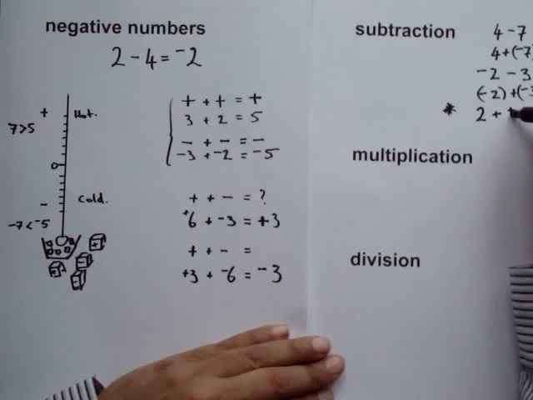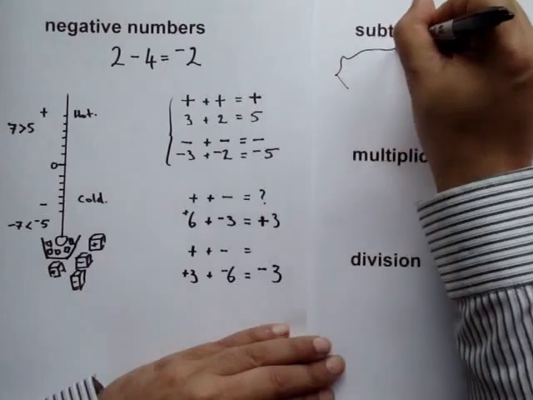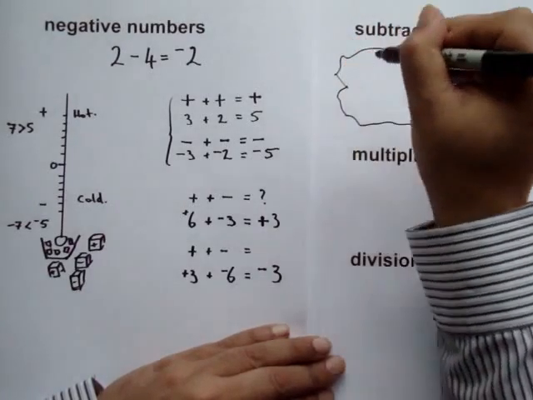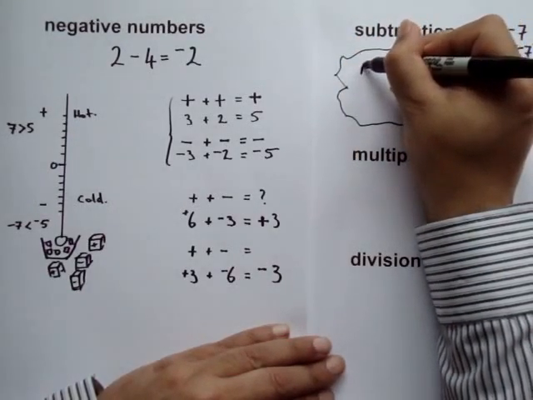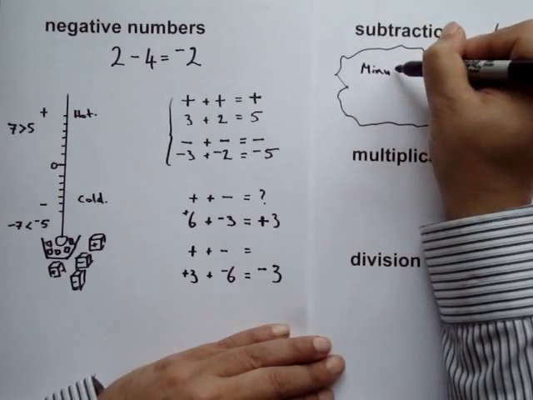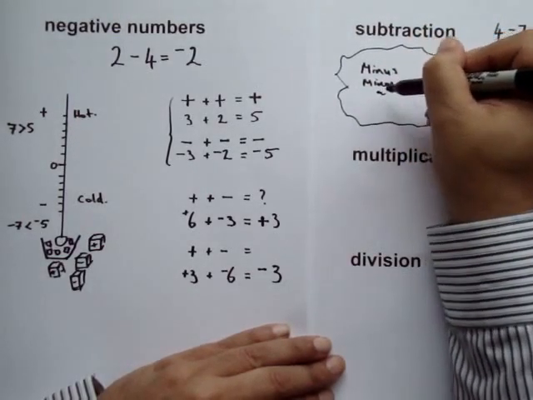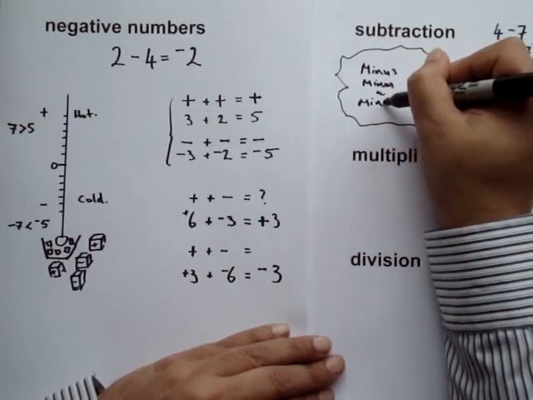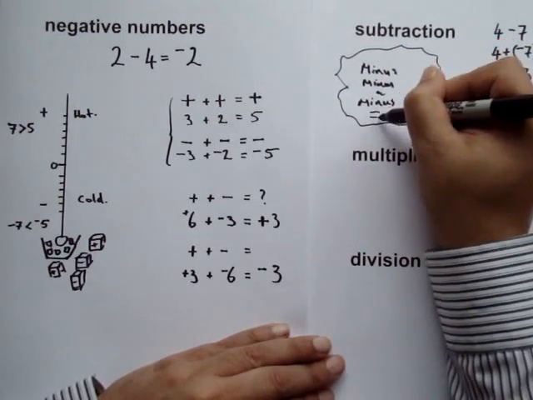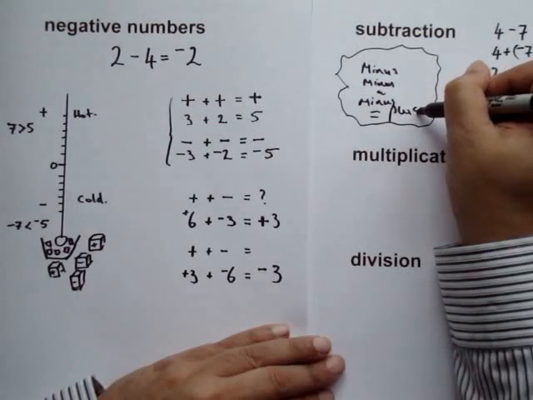So we convert the minuses into plus, and the answer we get is 7. So the rule that we use, let's put it in a little bubble, is whenever we get a minus a minus, it equals a plus.